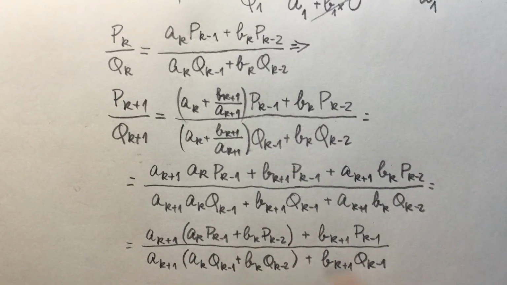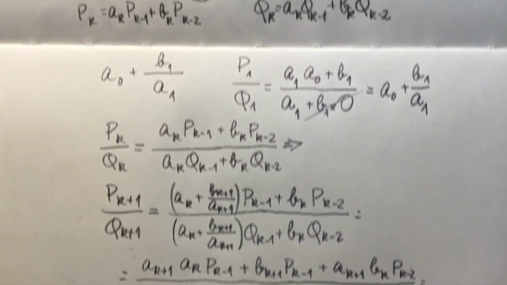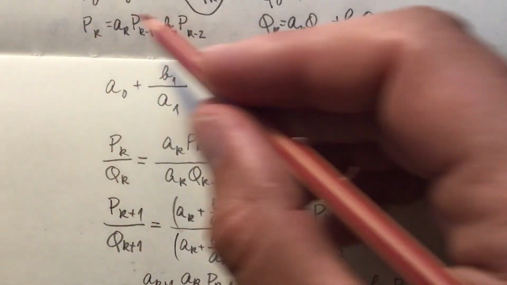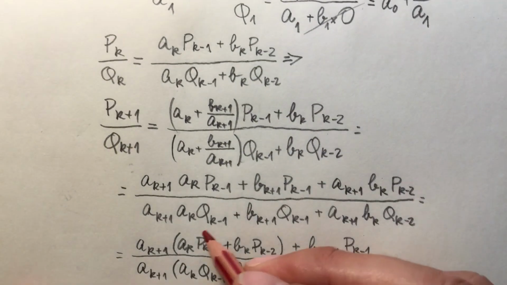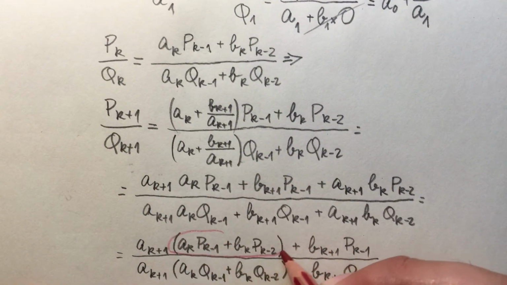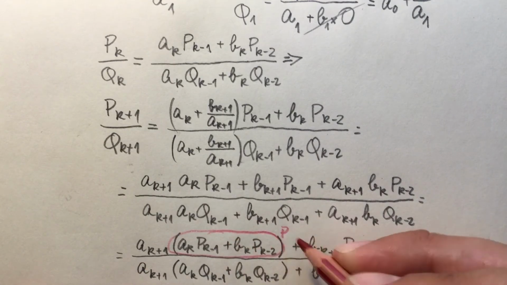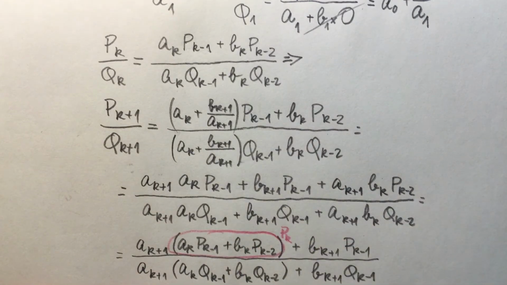Now, when we look carefully, we see that ak pk minus 1 plus bk pk minus 2 is precisely our definition of pk. So all this is pk.